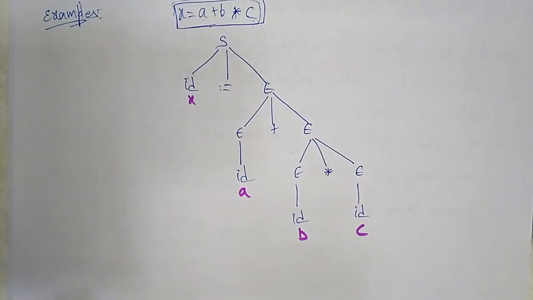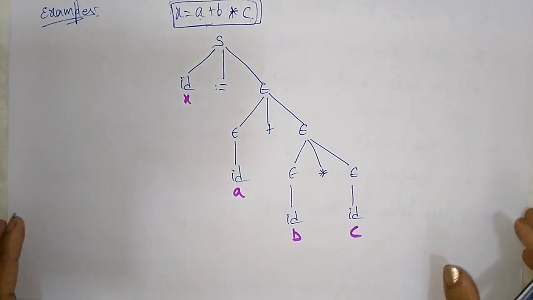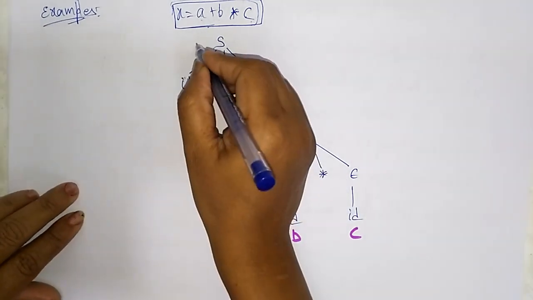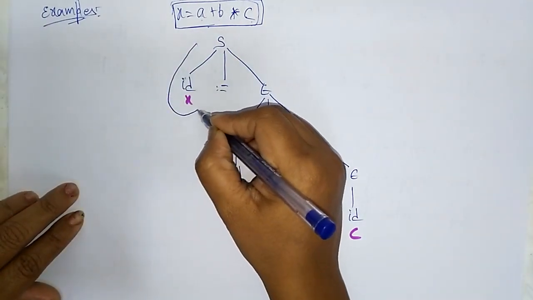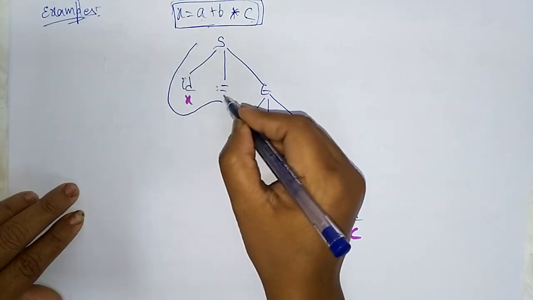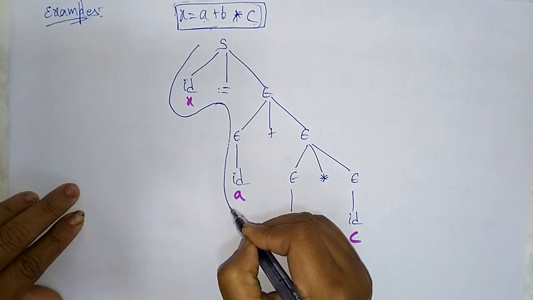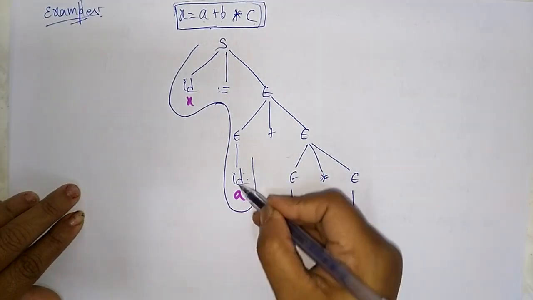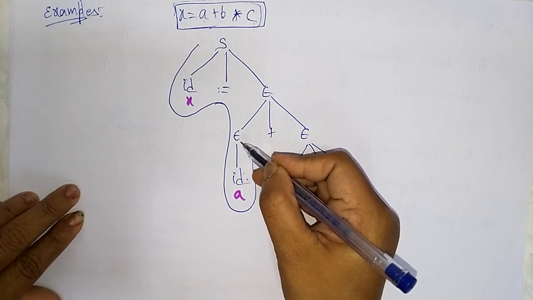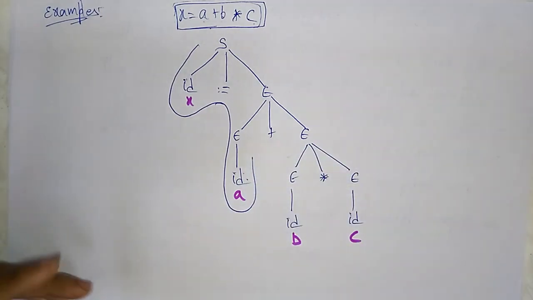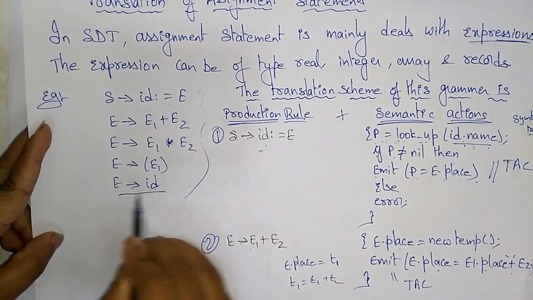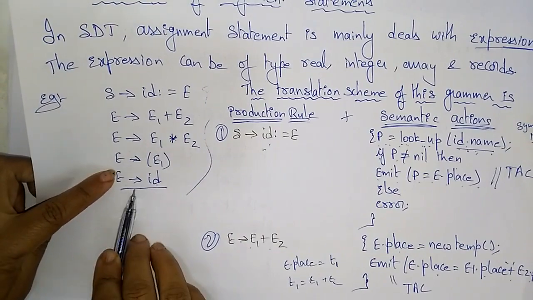Now let's see the translation of assignment statement. We have to write the intermediate code for this with the help of this SDT. In the bottom-up approach, there is no reduction at the top, but here a reduction is there: E determines ID, which means ID is reduced to E. Whenever there is a reduction, go to that production and check its action.